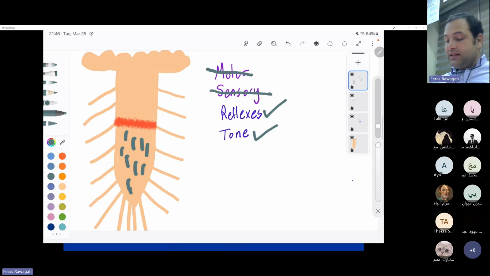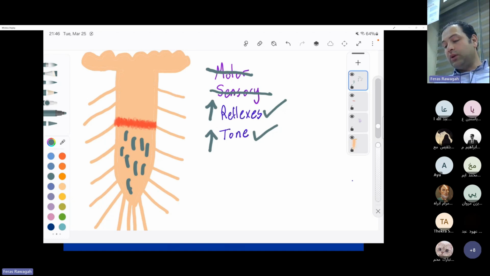Regarding the reflexes and the tone, they are not just normal. Actually, there will be an increase in the reflexes and an increase in the tone. There will be hyperreflexia and hypertonia in this part of the spinal cord. Why? Because this part of the spinal cord loses inhibition coming from the brain.